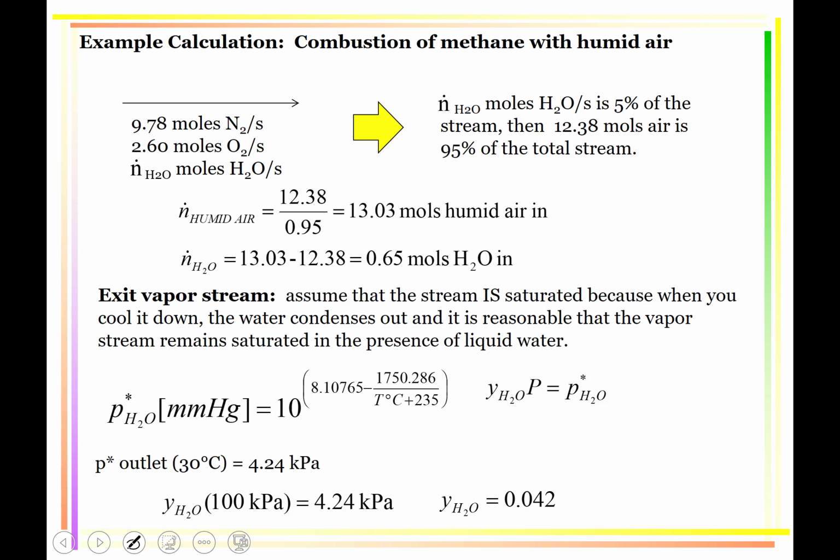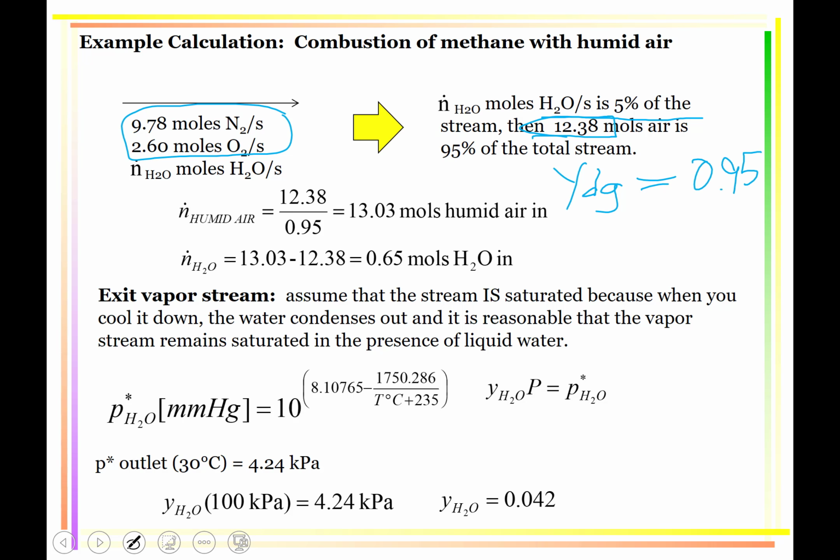Okay, so now we are going to do the calculation on the exit stream. This is a little more complex, but watch what we do here. We have 5 mole percent of water entering. Then we know that the moles of nitrogen plus oxygen, which add up to 12.38, have a mole fraction of dry gas equal to 0.95.